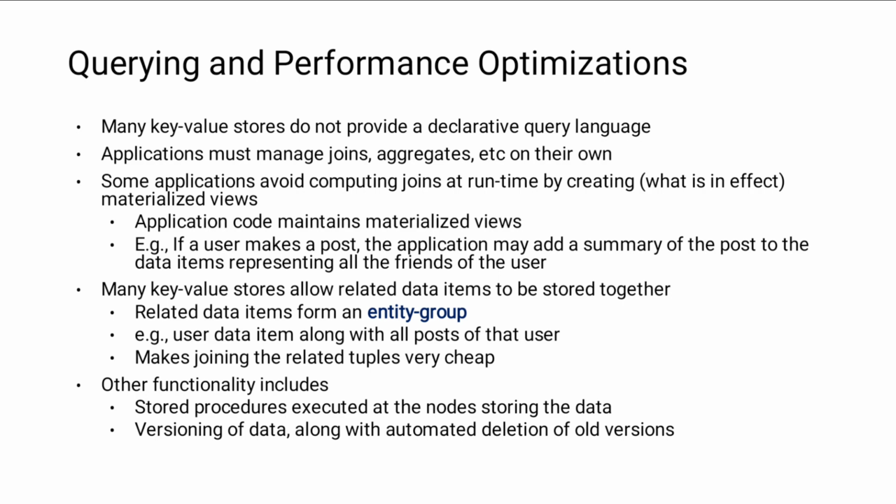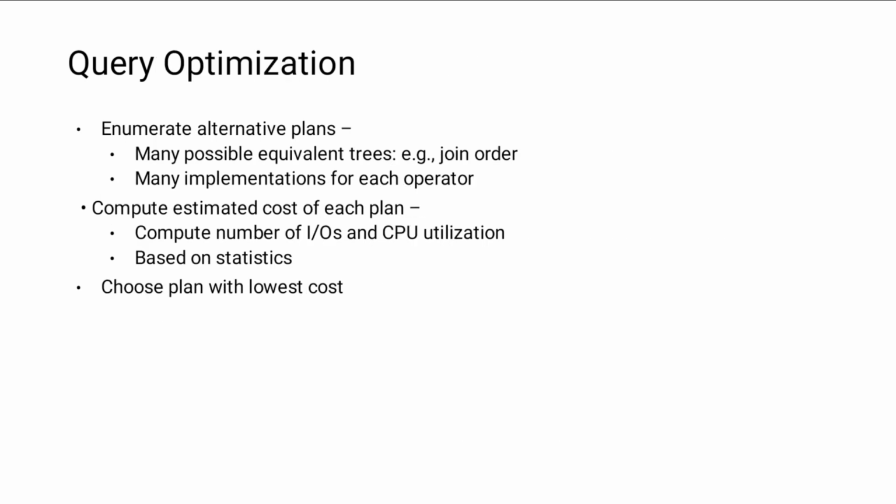For example, if a user makes a post, the application adds some summary to that post. Materialized views can be added. Many key value stores allow related data items to be stored together. We form an entity group according to that post. We can make groups. Other functionalities like stored procedures or versioning of data can also be helpful for optimization.